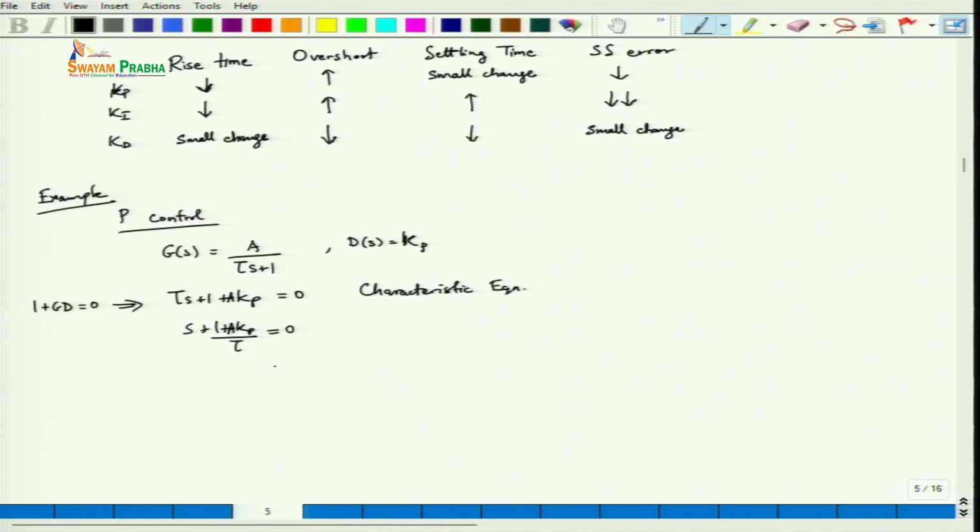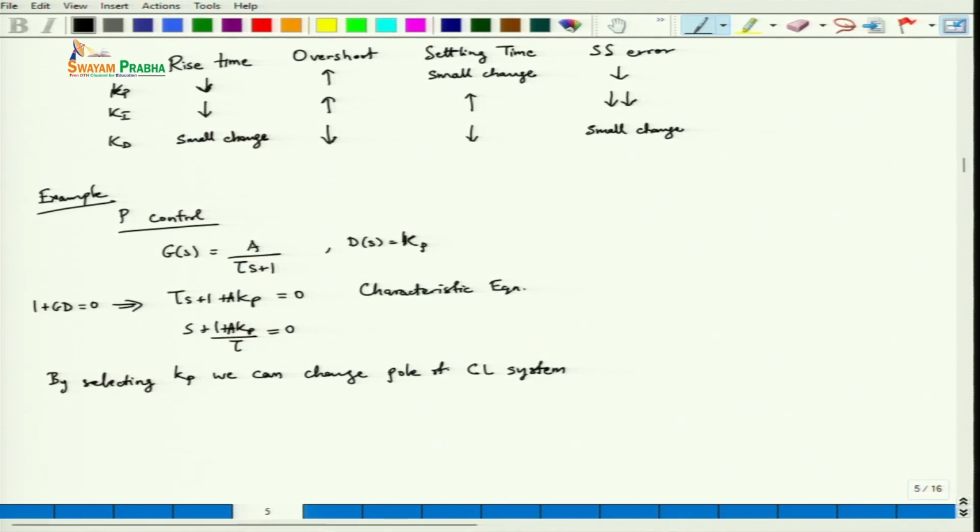Based on this, we can see that by selecting Kp, we can change the pole of the closed loop system, because there is just one pole, and it will be minus of (1 plus A into Kp) divided by tau, and if we change Kp, we can change the location of the pole.